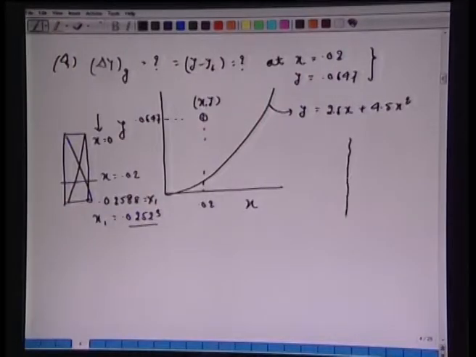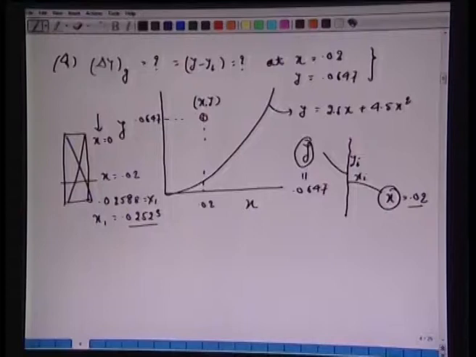So, we have this interface, and we have yi and xi, and we have y and x. So, x is 0.02 and corresponding to this x equal to 0.02, y is calculated as 0.0647. We are supposed to get yi, so that we can calculate y minus yi. So, what do we do? We draw a line with the slope minus kx over ky. The values of kx and ky are given to us.